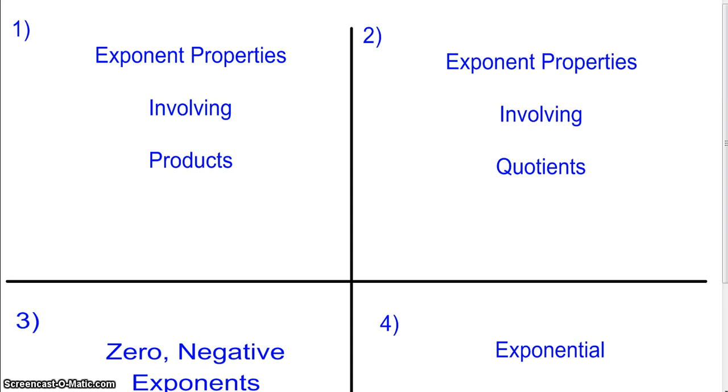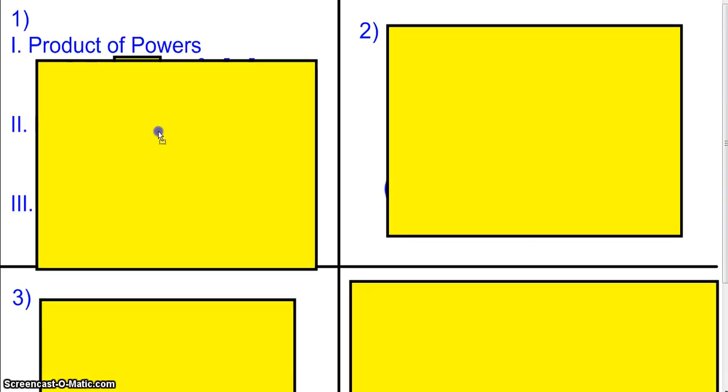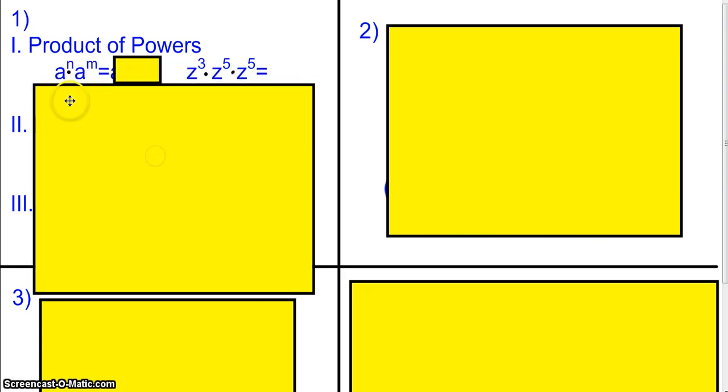Okay, so let's look at the exponent properties involving products. The first property was called the product of powers. So it looks like multiplying powers of the same base. Here it is as a rule. A to the n times a to the m.